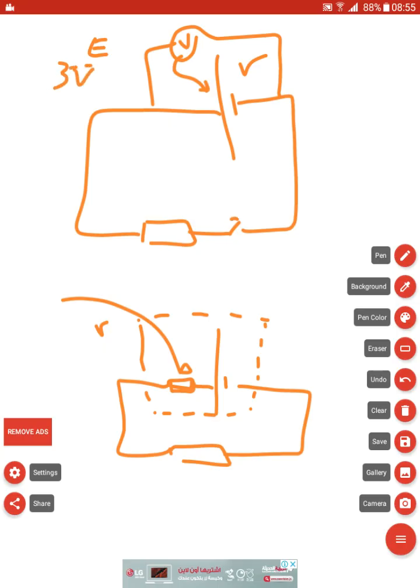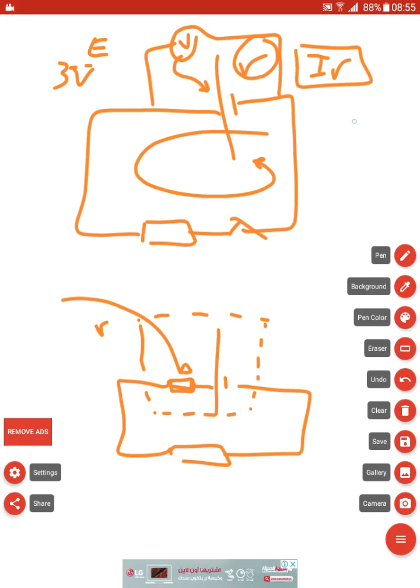When you switch on the circuit and the current starts to pass, we have a small value of voltage, which is equal to I multiplied by small r, which is the potential difference used by the internal resistance. This value will be subtracted from this. So the battery will not give you a total of 3 volts.